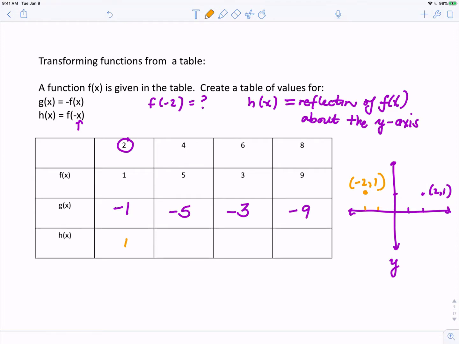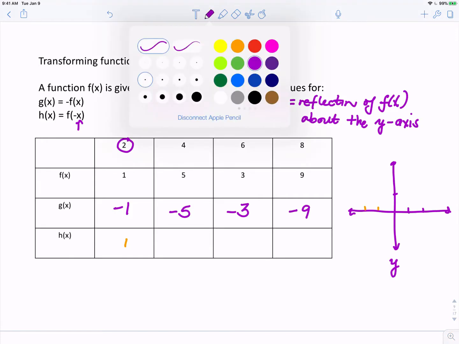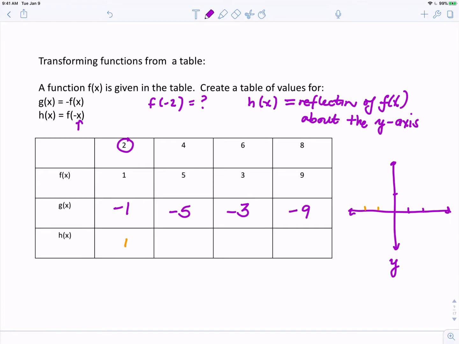Let's take a look at another example. What would f of 4 be equal to? Well, f of 4 is equal to 5, and so let's think about where that's going to be in our picture. All right, so our original function has the point (4, 5).